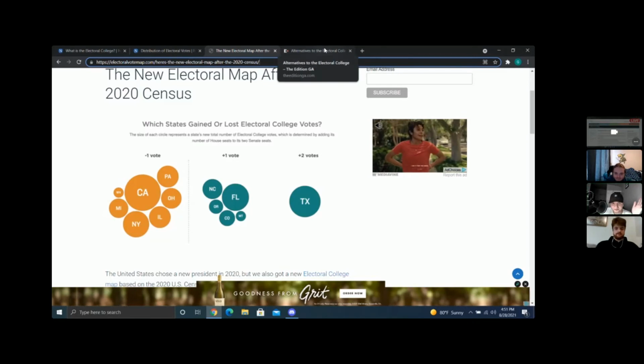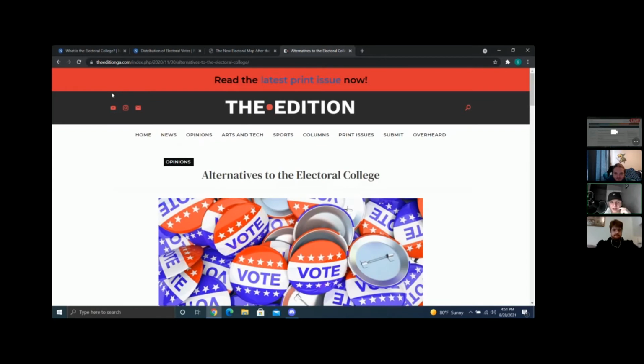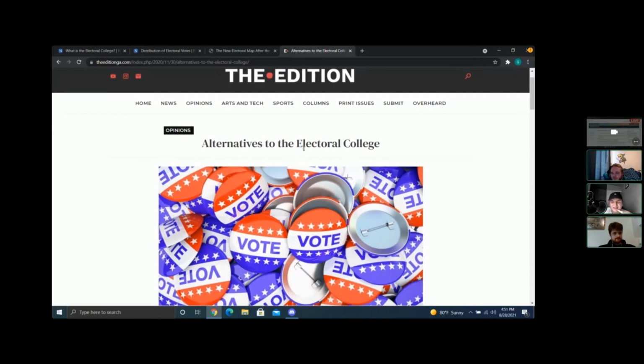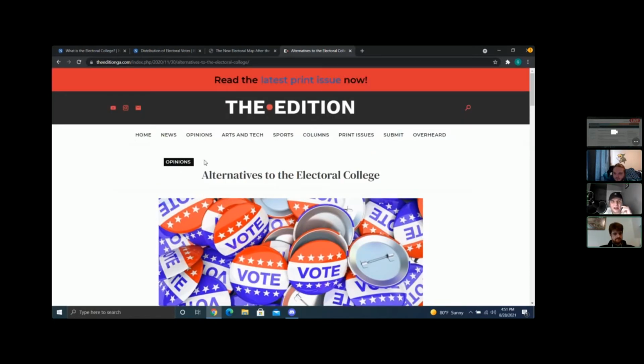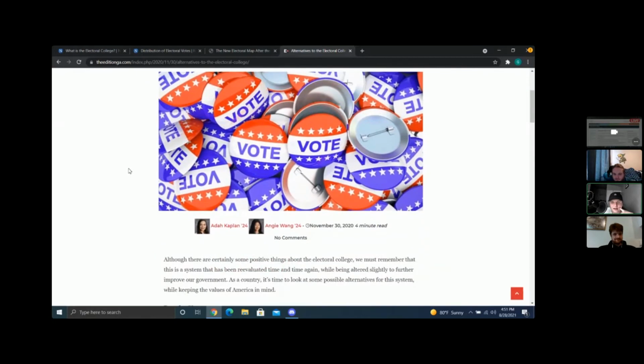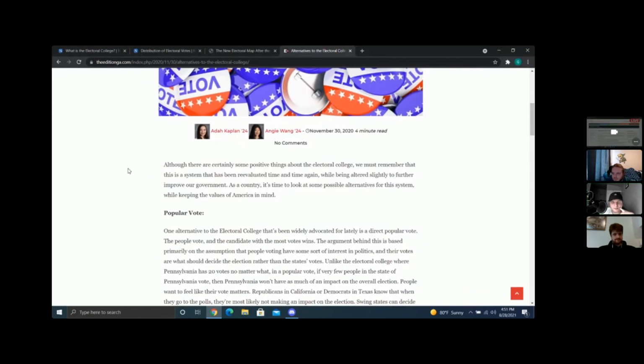So now I want to move on to the alternatives to the Electoral College. This is an opinion piece, but I do think it is pretty interesting, and it has 4 separate alternatives.